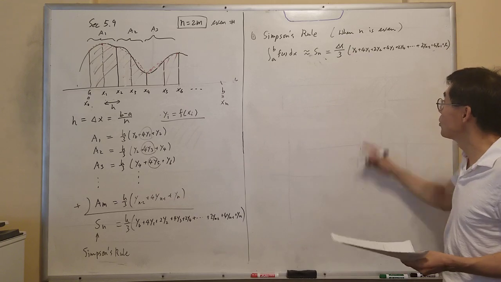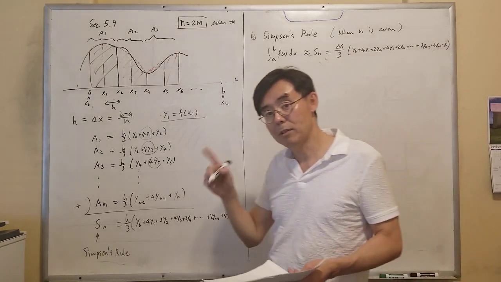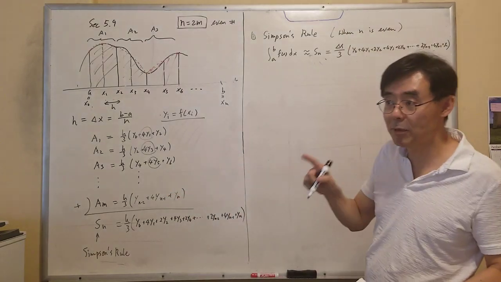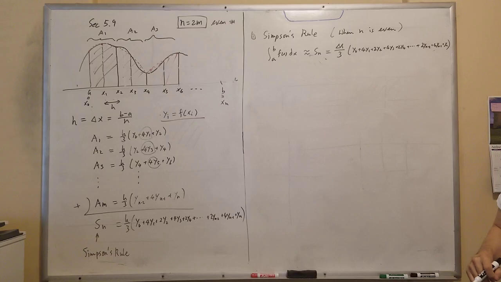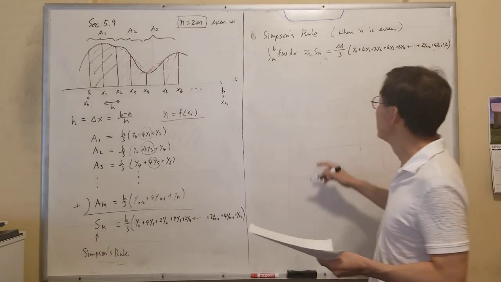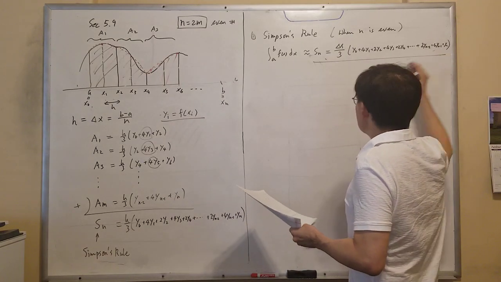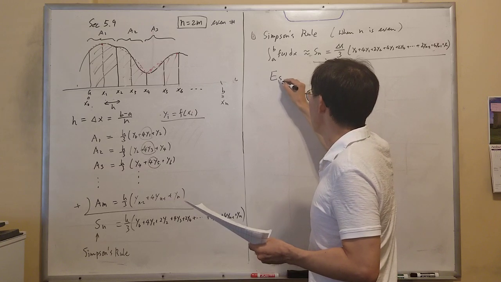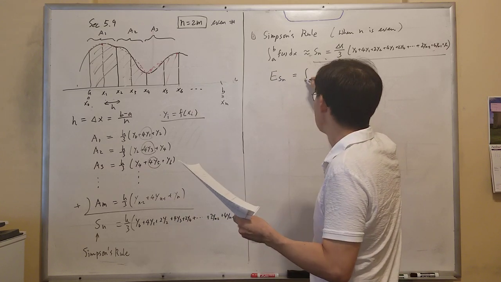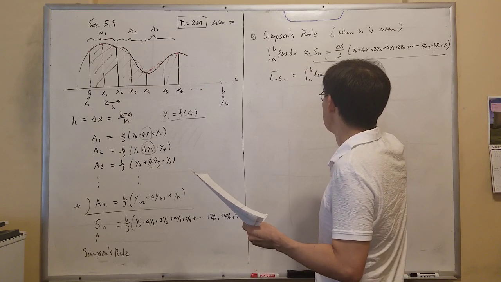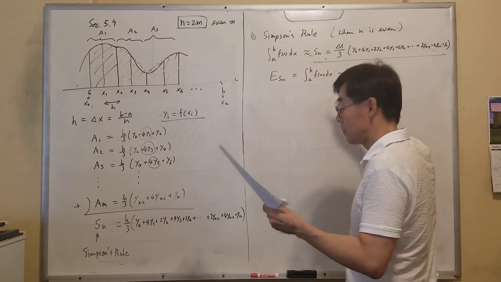Every odd term is multiplied by 4, every even term is multiplied by 2, except the very first and very last. That's Simpson's rule. And ES_n will be the error due to Simpson's rule.